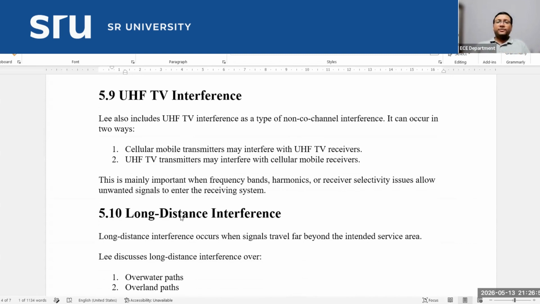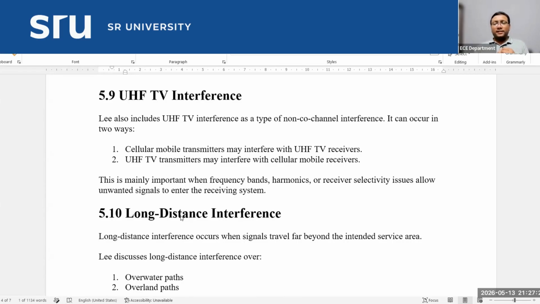Next is UHF TV interference. It used to happen earlier. Currently, the television transmission is not done in that way. Earlier, some portion of the telecom signal and the ultra high frequency TV signal transmission used to share some common region of the operating band.